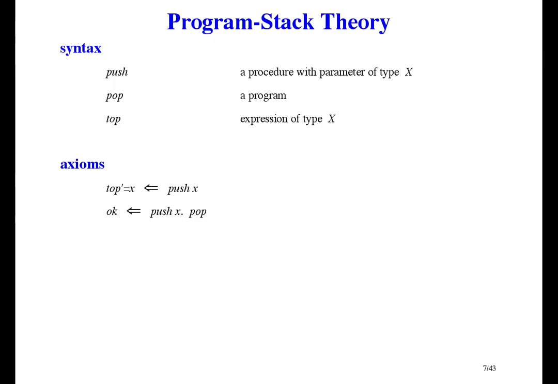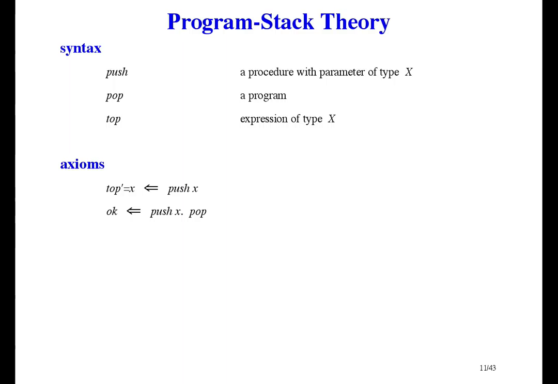That's enough to prove that any number of pushes followed by the same number of pops puts everything back the way it was. We start with the second axiom, and then we can put OK anywhere we want because it's the identity for dependent composition. And then we use the second axiom again, and you see that two pushes are undone by two pops.